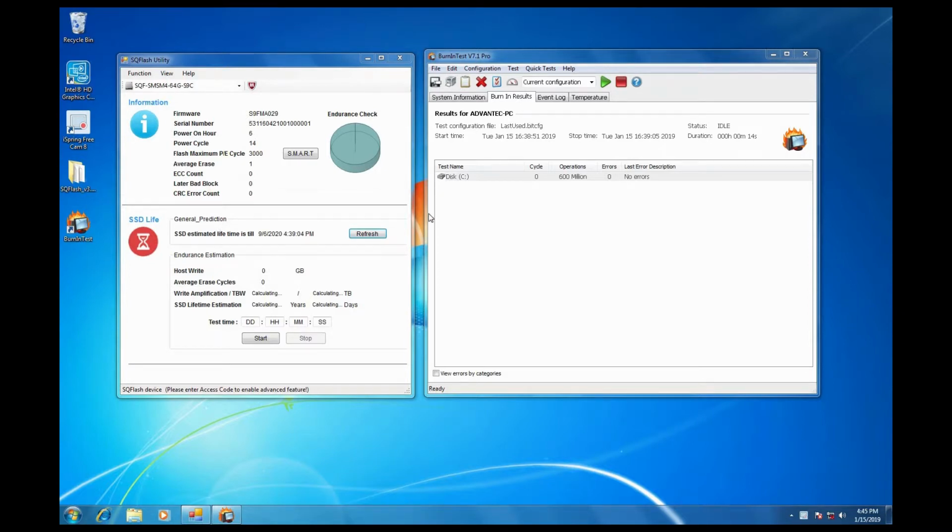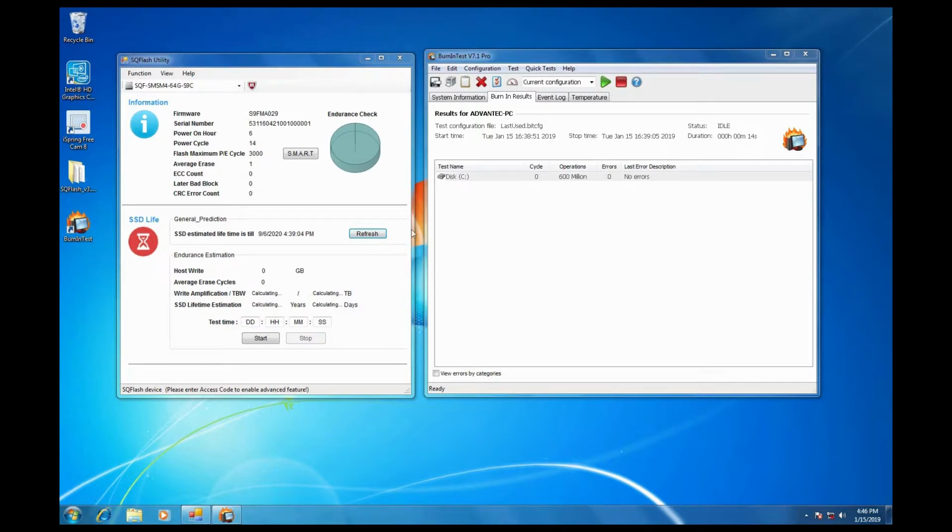On the right here, I have a burn-in test open. We're going to be reading and writing to the drive 8 hours a day for the next 4 days to simulate a basic heavy workload during an 8-hour work day.